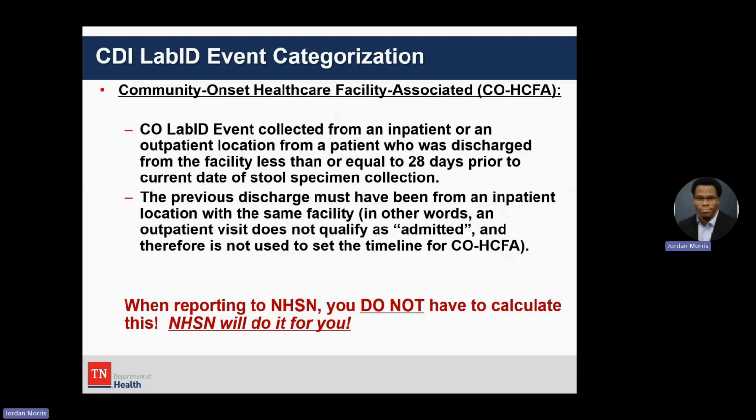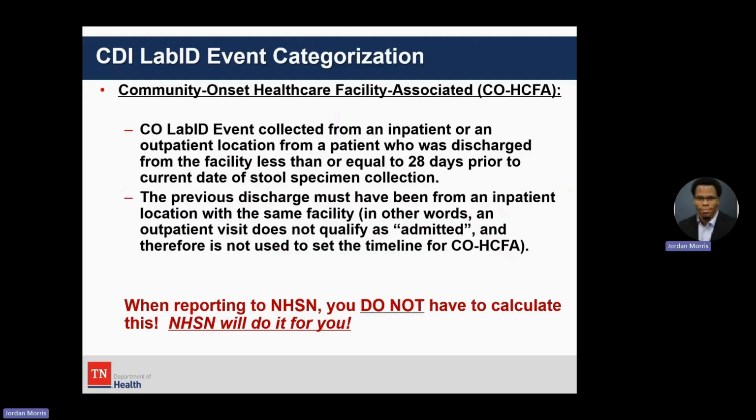The previous discharge must have been from an inpatient location within the same facility and therefore is not used to set the timeline for community onset healthcare facility associated. However, you do not need to calculate this on your own. NHSN will determine it for you when calculating your facility totals and when it is reported to CMS.